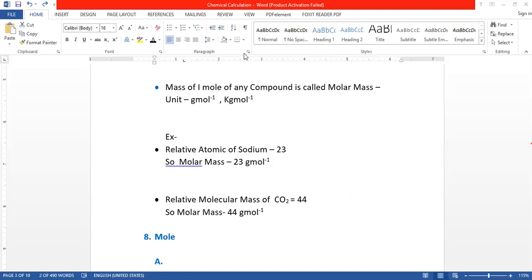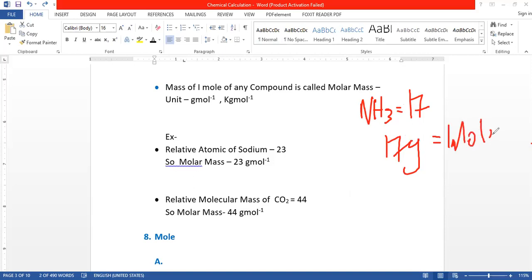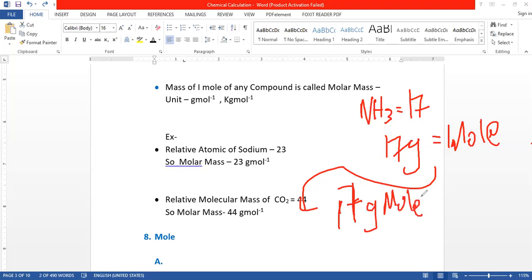For example, ammonia's molecular mass is 17, then the 17 gram is 1 mole, and the molar mass is 17 gram mole minus 1.